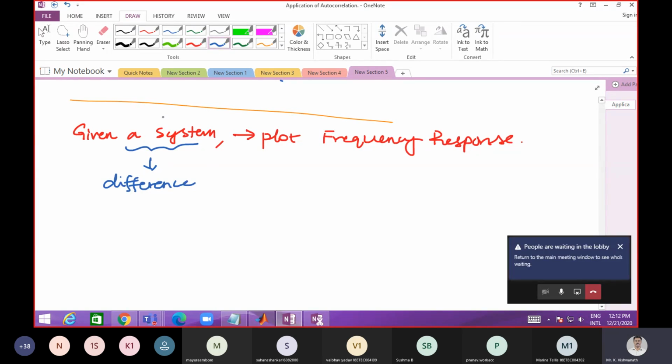Now we will limit our discussion to discrete time systems. It can be in the form of a difference equation, or in the form of an impulse response, or in the form of a system response.